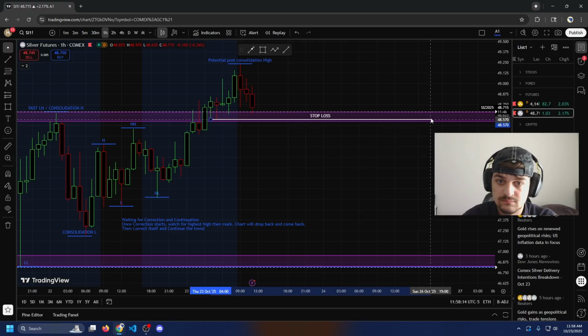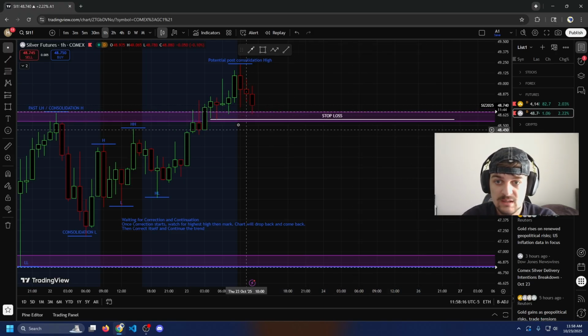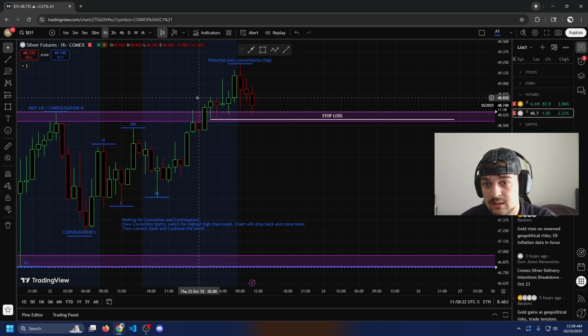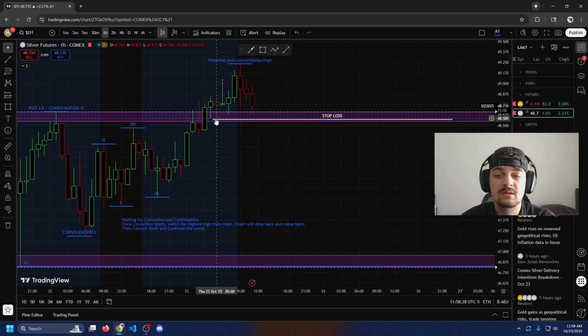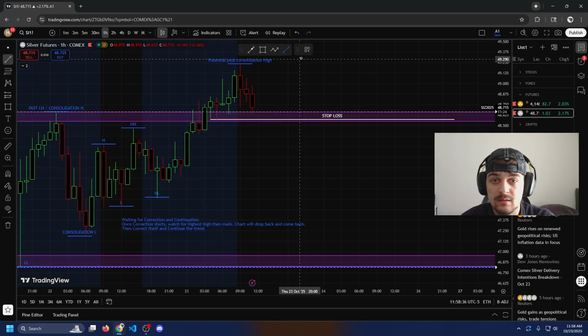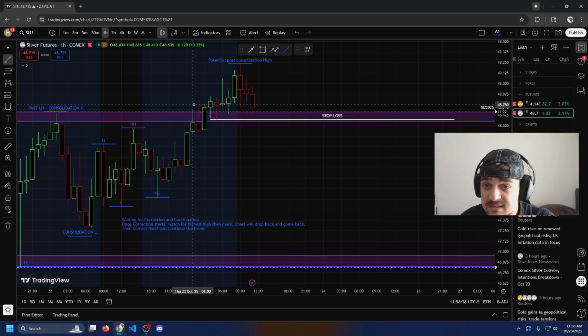So I think I'm gonna put my stop loss right here. Higher low, higher high, higher low, higher high. Yeah, so I can also make this the higher high, another miniature higher high basically.